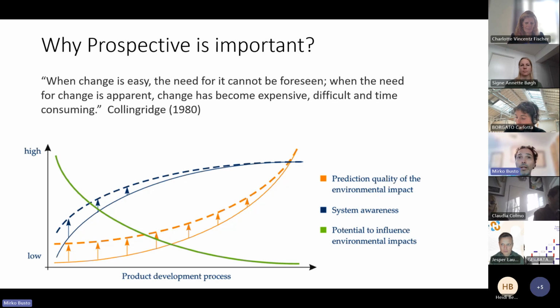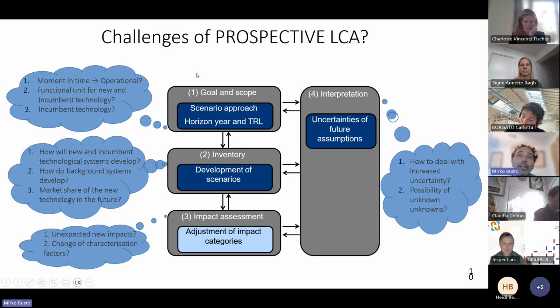So it is really important to start as early as possible, even if we know that the prediction quality and the system awareness are low. The predictions are going to have quite a high uncertainty, but it is important anyway, because we can deal with uncertainty with scenario building and other strategies, Monte Carlo simulations, and other sensitivity analysis tools.